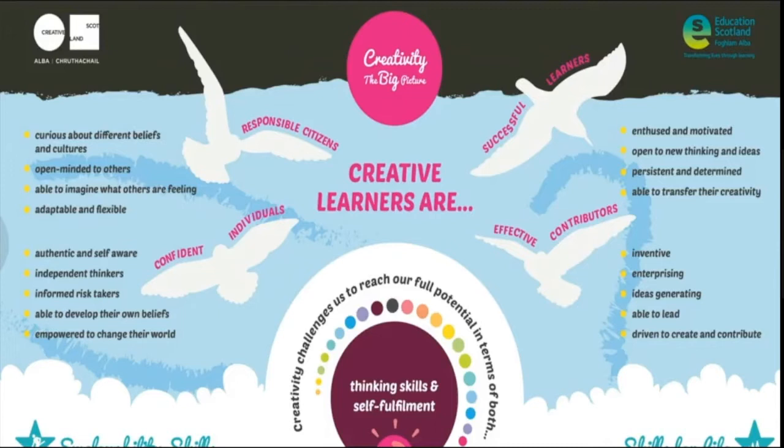To be a successful learner, you need to be open to new thinking, open-minded and persistent and determined, and able, importantly, to transfer your creativity to other settings. So just a couple of examples there of how creativity really runs through Curriculum for Excellence.